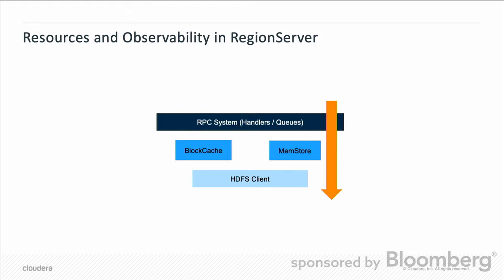And then it's persisted to the underlying file system, HDFS, under some conditions. As you know, the requests always go through from the top to the bottom, I mean, from the RPC system to the HDFS side. Which means we should always follow this direction from top to bottom.